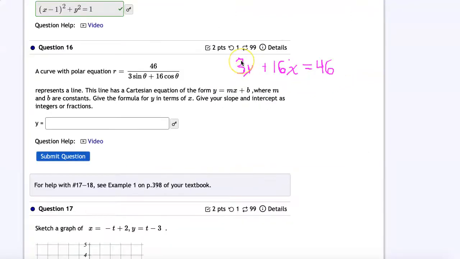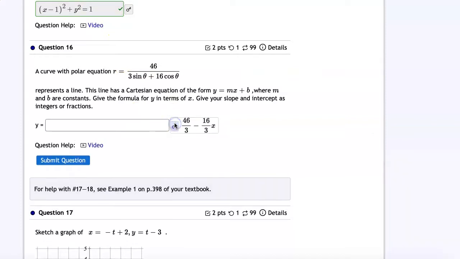You replace the r sine theta with y and the r cosine theta with x, and you get 3y plus 16x is equal to 46. And then divide both sides by 3 to get the y all by itself. Basics from Algebra 1, and you end up with y is equal to negative 16/3 x plus 46/3.